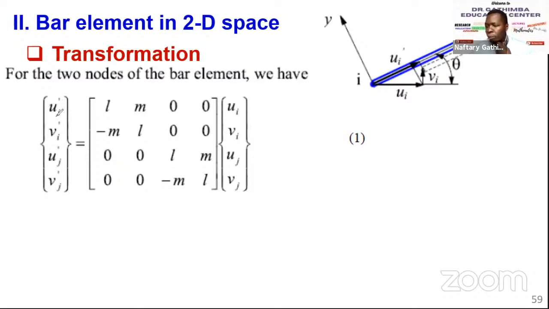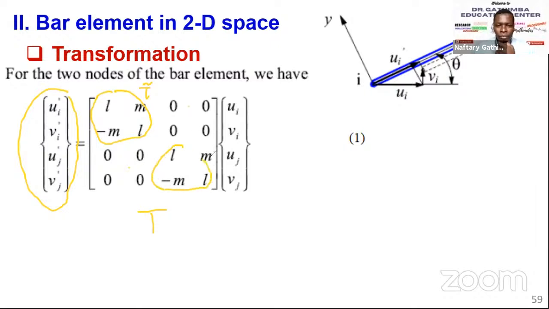If you want to show the equation here, you just need to introduce the force vector, the nodal vector from the local coordinate system, that is u prime I, v prime I, u prime j, v prime j. Then this is the matrix, the transformation matrix, capital T. This is why I was saying this is the transformation T tilde at the nodal transformation matrix, which is the same as here.